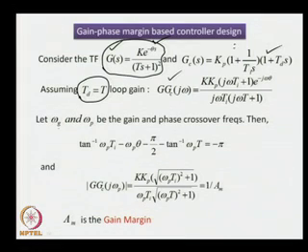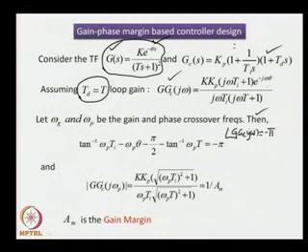Let omega g and omega p be the gain crossover and phase crossover frequencies. Then, as we know, at the phase crossover frequency, the phase angle of the gain G G_C(j omega) has to be minus pi.